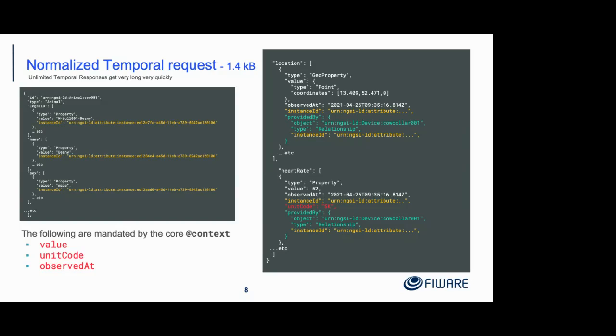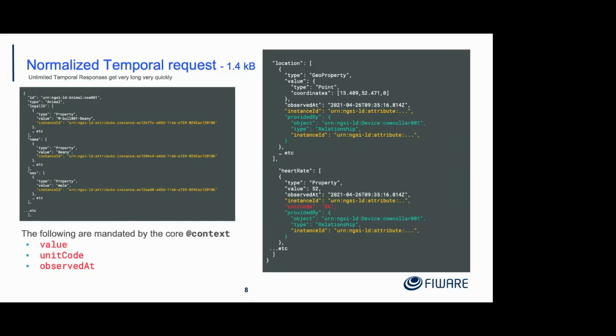So the coordinates will change. So each of the point coordinates, you could trace a line string out of this. You will see that they move around. Also, the heart rate would change.